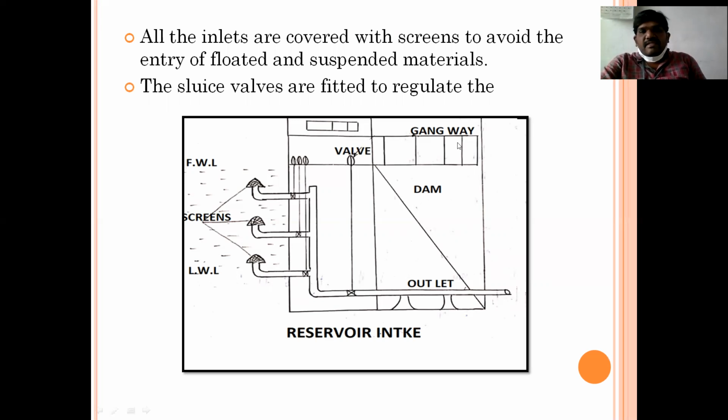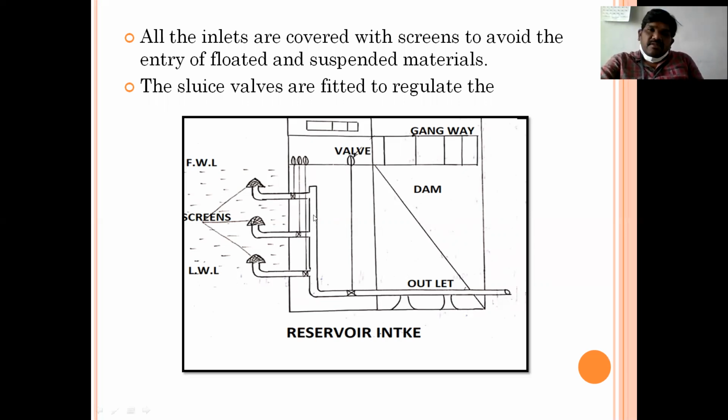Likewise, here also one valve is there, and it is controlling the flow. See here, the other difference between the previous one and this one is that a gangway is provided, which gives a person the feasibility to move over and repair whenever needed.